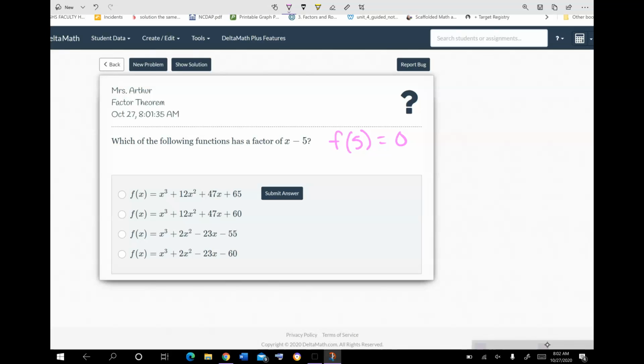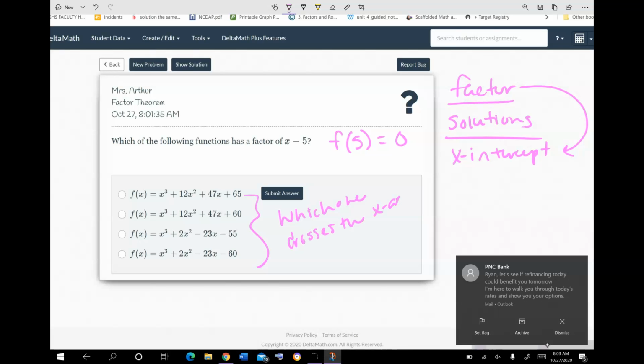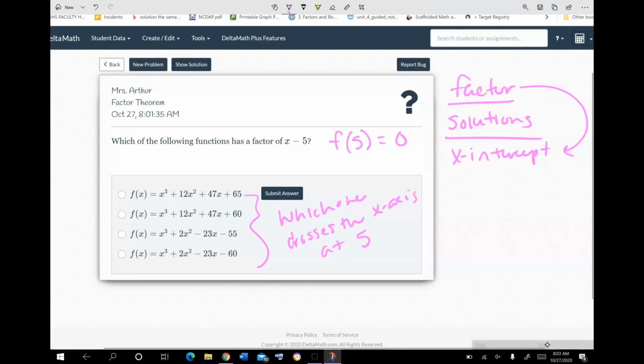A factor means that it's a solution. It means that it is an x-intercept. So a factor means it's an x-intercept. I need to find which one of these functions crosses the x-axis at positive 5.